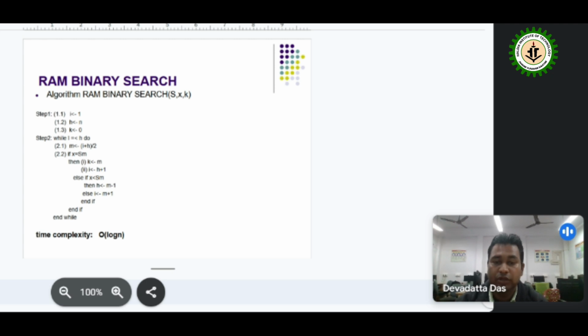Step 2, we are using the while loop: while i is less than or equal to h, then m tends to (i plus h) by 2. If x equals sm, then k tends to m, or i tends to m plus 1. And in this way I complete the binary search. The time complexity of binary search is big O of n log n.